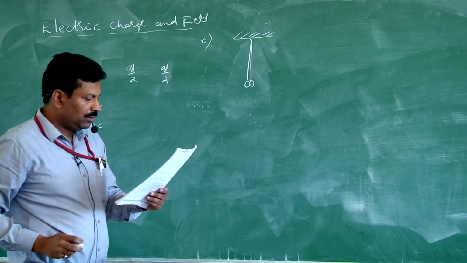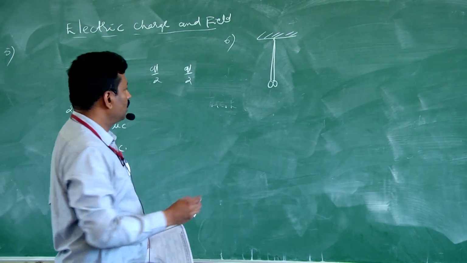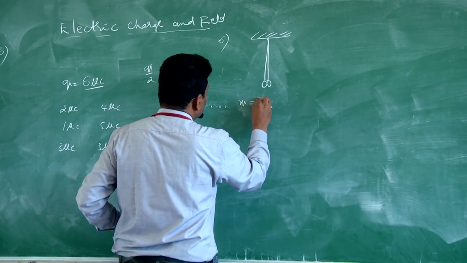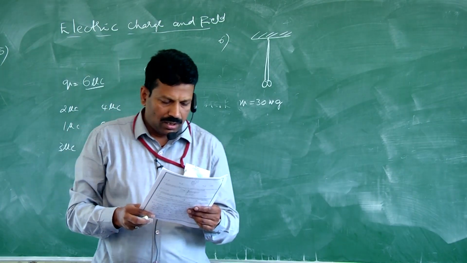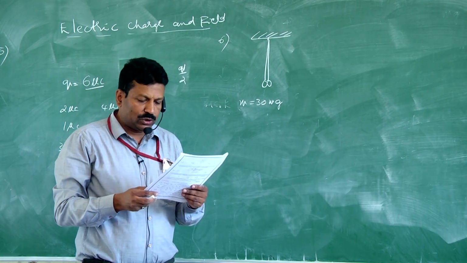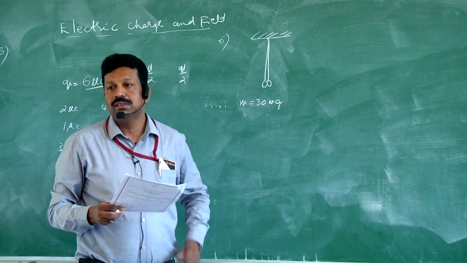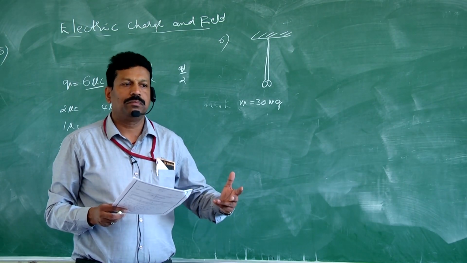Right? Now next, 30 milligram each. The mass of each pith ball is 30 milligrams, suspended by two threads from a support. When charged identically, they are given identical charges. What does identical charge mean?